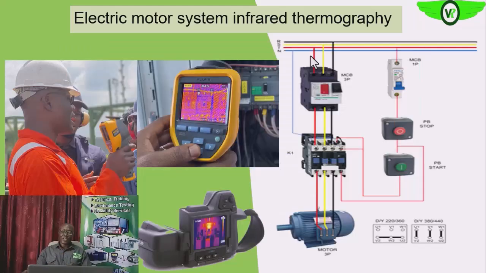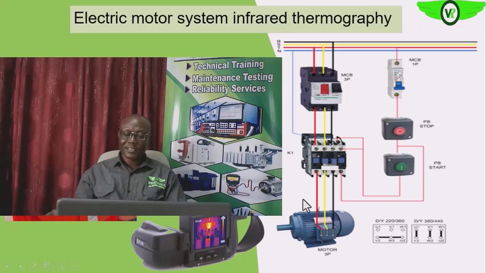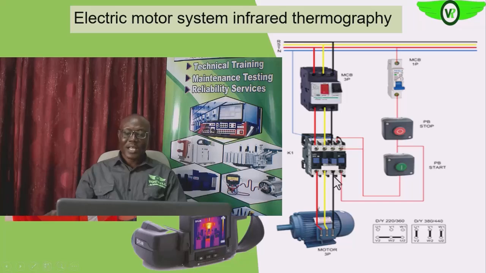Remember, from the input of the power supply to our feeder to our electric motor, all of these lines are made up of conductors, and these conductors have some levels of resistances, and even the windings of the electric motor itself have some level of resistances, which means that as current is flowing through all of these, because of that resistance, from I square R, there is bound to be some heat up on these conductors, and the heat up will be highest at the point where we have higher resistances. Are we getting it?